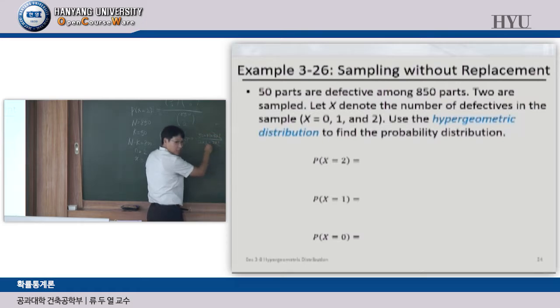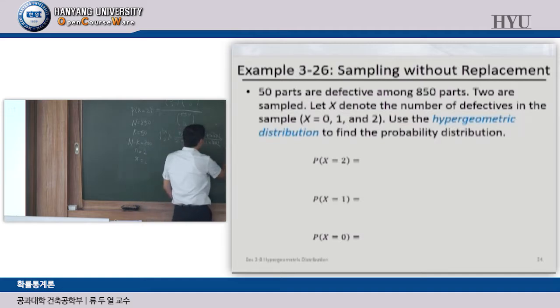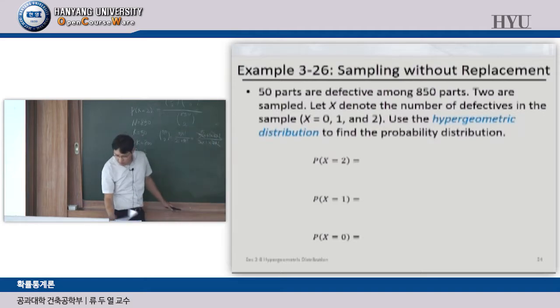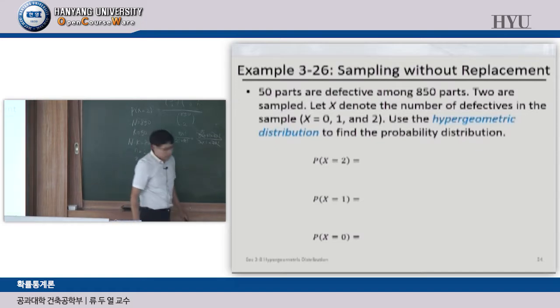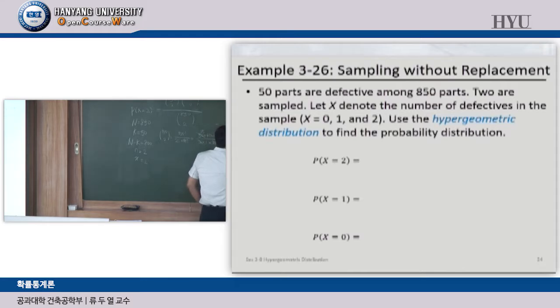So 48 factorial can be eliminated, and 2 can be eliminated by dividing 50. That is 25, so that equals 25 multiplied by 49, which is 1,225.